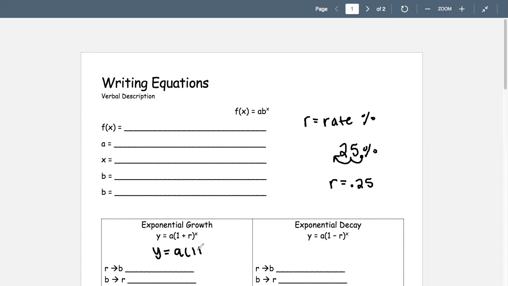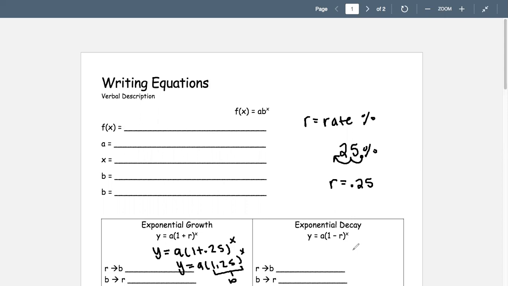A times 1 plus 0.25 to the power of x, and 1 plus 0.25 is 1.25. So the B value would be 1.25. This will be the B value if it's exponential growth.